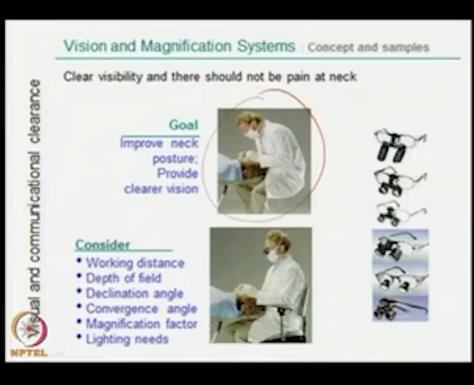Here the goal for this task is to improve the neck position, since neck bending needs improvement, the posture needs to be improved, and clear vision must be provided. While seeing all other areas evenly, to focus on something he requires some kind of magnifying.